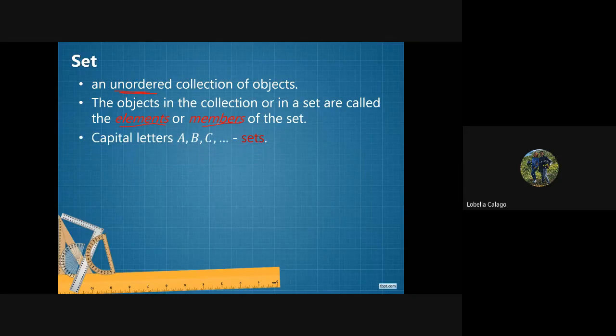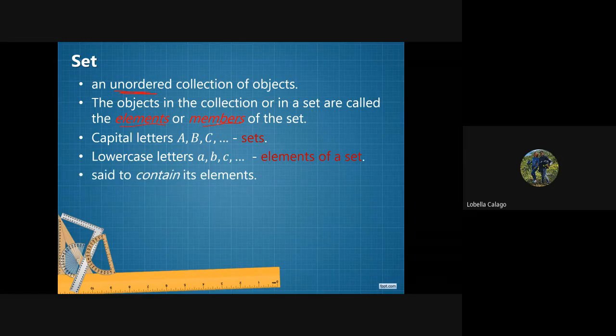So for the sets, we use capital letters. And for the elements or the members of the set, we use lowercase letters. So it is said to contain its element.